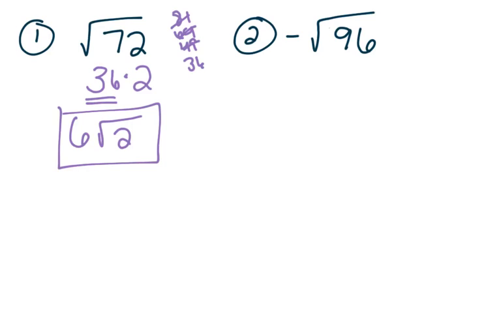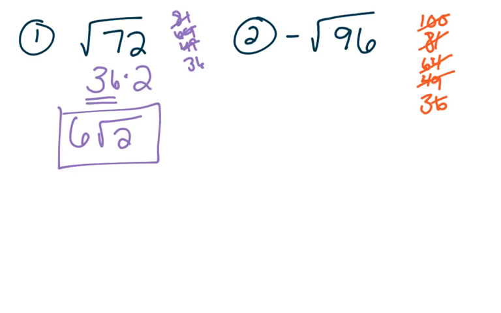All right, let's check our next one. So 96. The biggest perfect square near 96 is 100. Again, I'm going to go down the list till I find one that works. So 81 doesn't work. 64 doesn't work. 49 doesn't work. If I keep going down, 36 doesn't go in there.